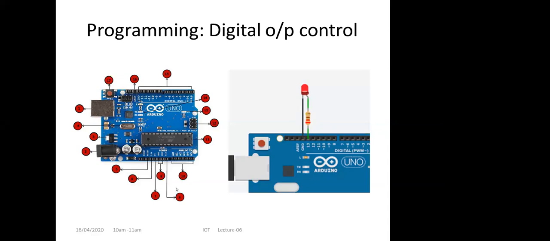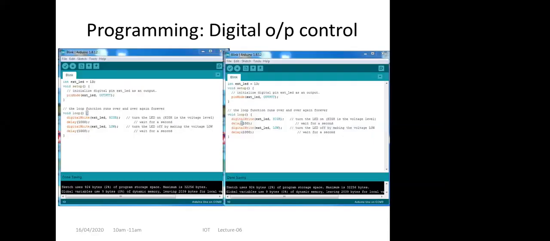Okay. Now here we'll see 1000 milliseconds on, 1000 milliseconds off, and here 100 milliseconds on, 1000 milliseconds off, means shorter duration of on, longer duration of off, right? And here both on and off are the same.